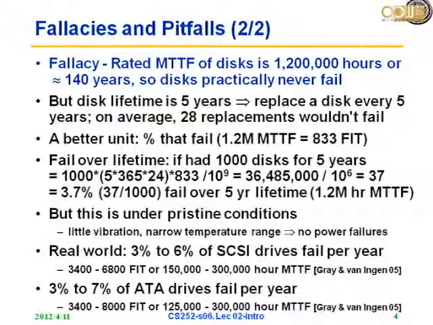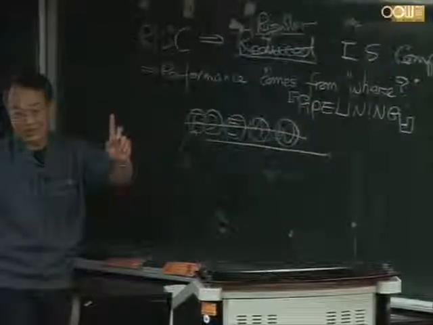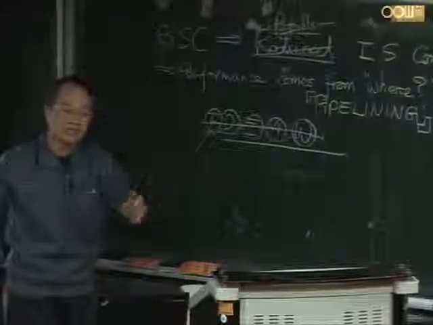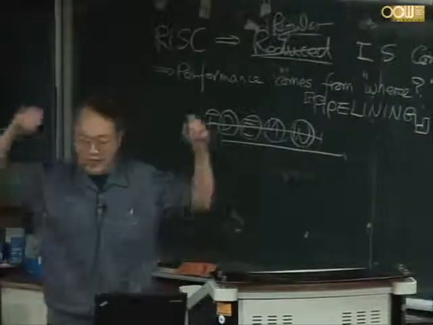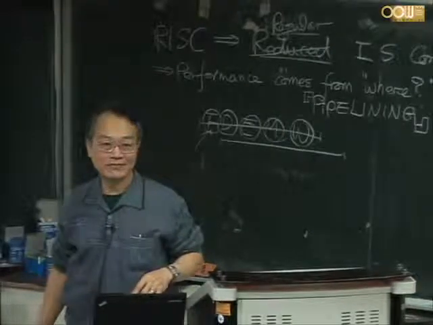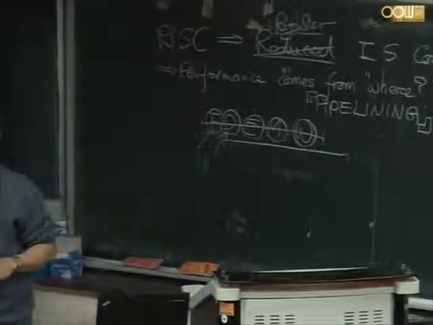So, how to make fetch easy? The answer is make all the instructions of the same length. If you can make all the instructions of the same length, then the fetching is easy. I can even say I want to fetch any instruction at any time, easily. How to make decode easy?